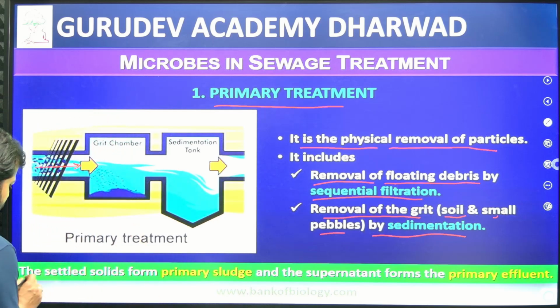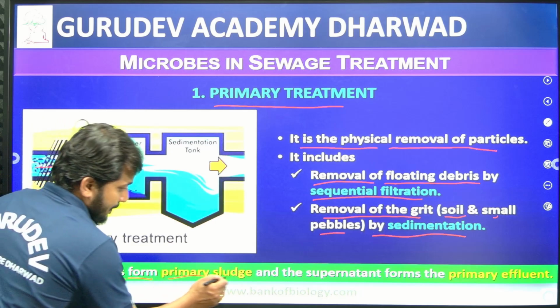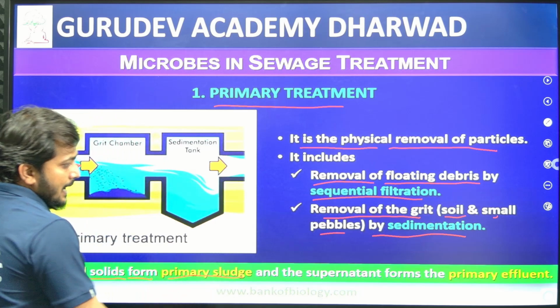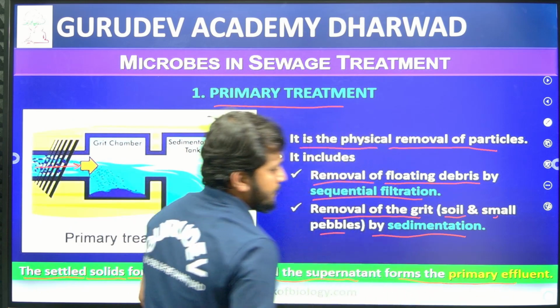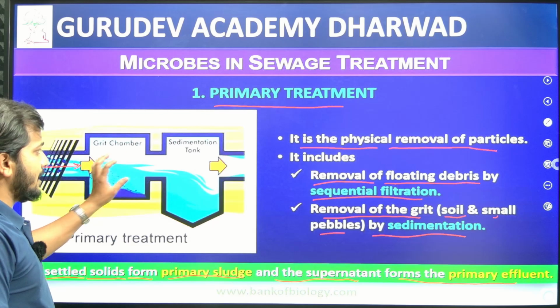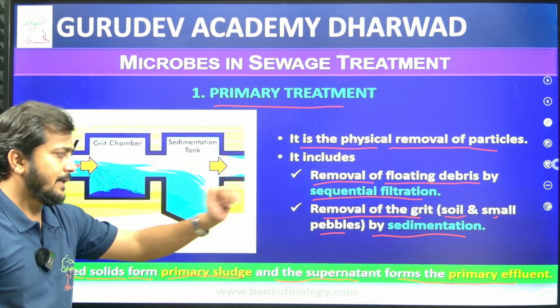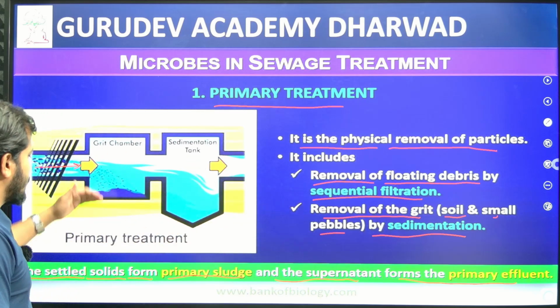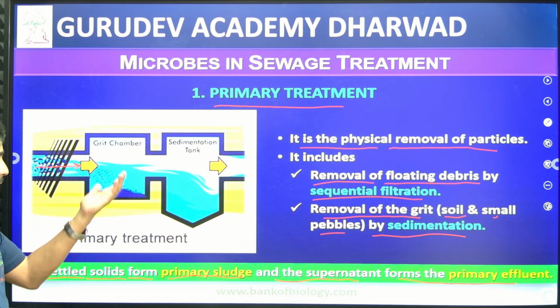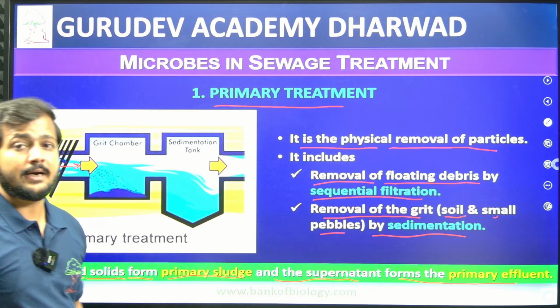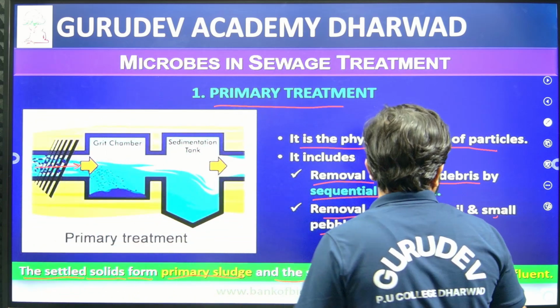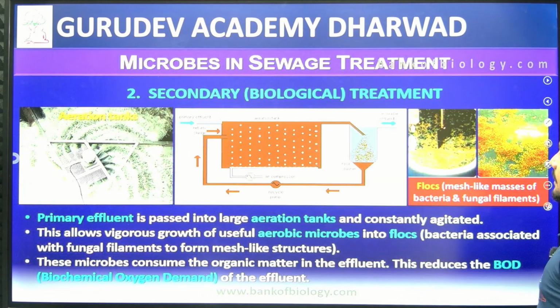The settled solids we are going to call primary sludge, and the supernatant forms the primary effluent. Whatever water passes on, we call primary effluent, and whatever settled solid particles are separated in primary treatment, we call primary sludge. That is what you should remember here, right.